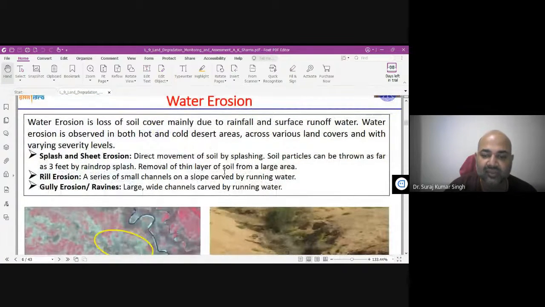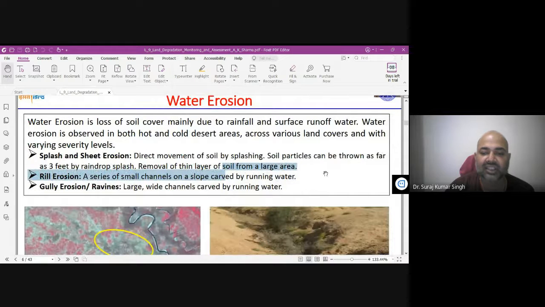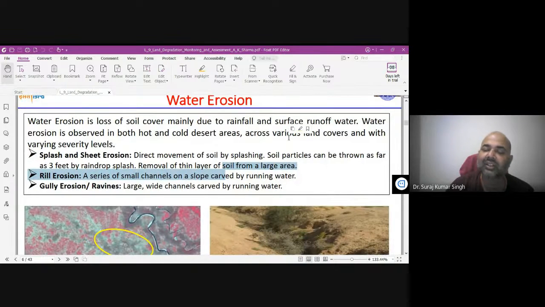Now, vegetation degradation we have seen is more particular to hilly terrains or mountainous terrains or the protected area, protected forest.